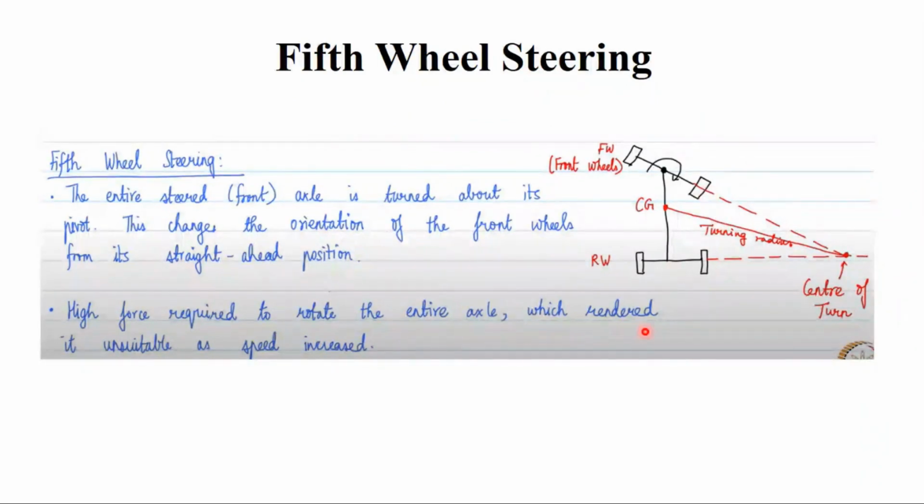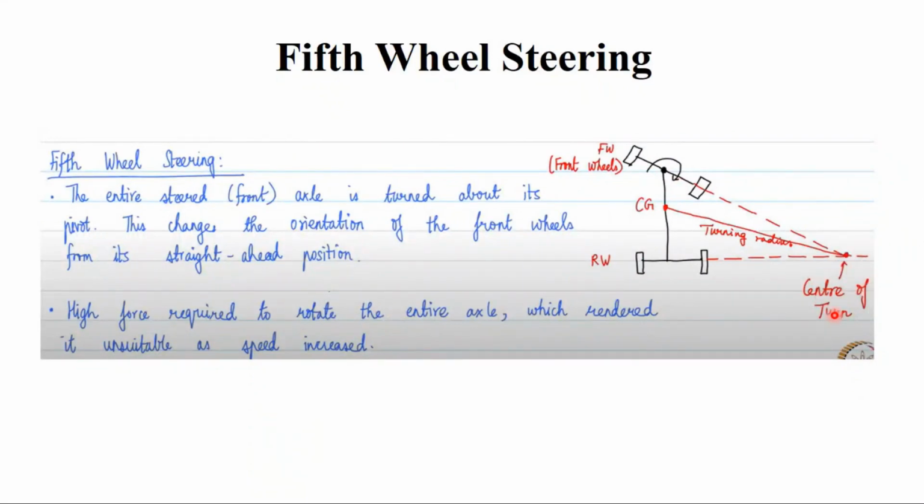So I repeat again. When we move the vehicle in the right direction, the front wheel will be turning in this direction. The line extending from the front wheel is the red line shown here, and the line extending from the rear wheel is shown here, and both these lines meet at a point called the center of turn.